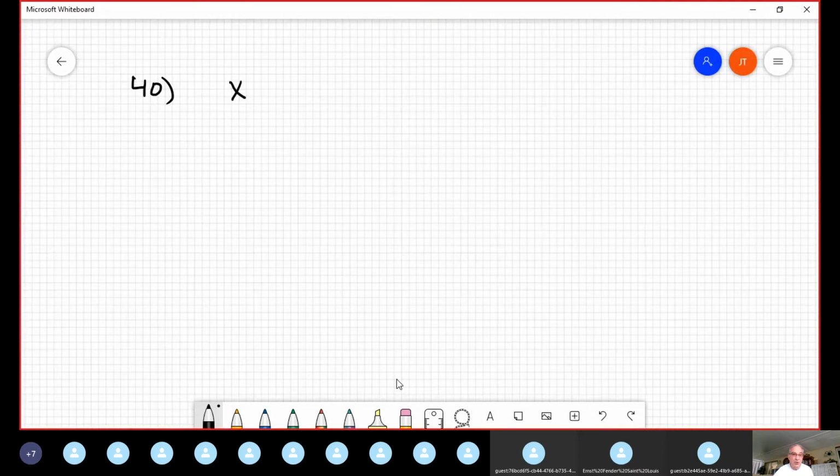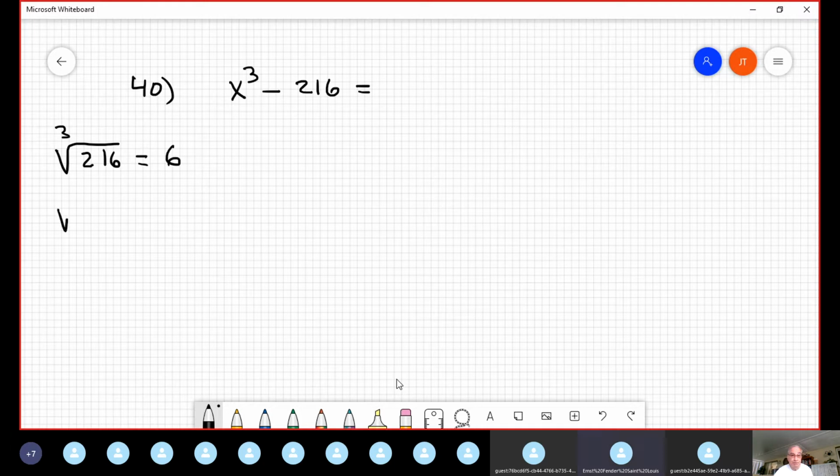Number 40 is x³ minus 216. Wow, it's a binomial, two terms, and it's cubic. I try to find the cubic root of 216. I put it in my calculator: the cube root of 216 is 6.